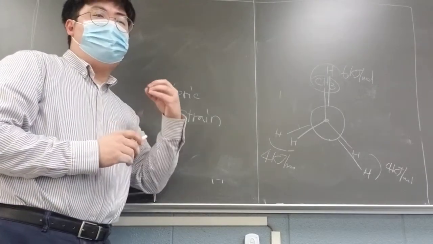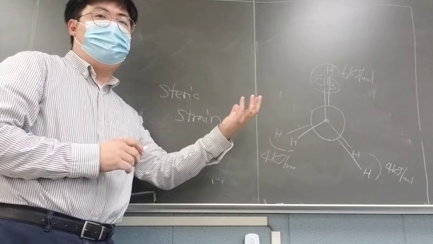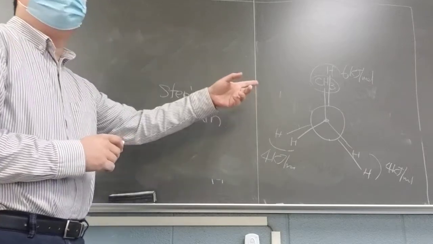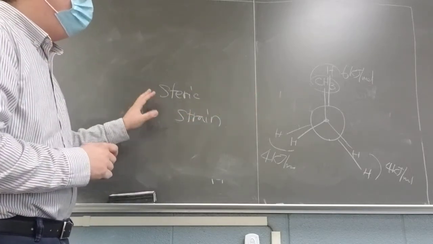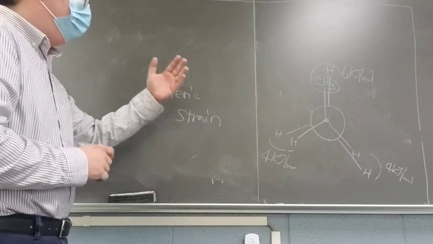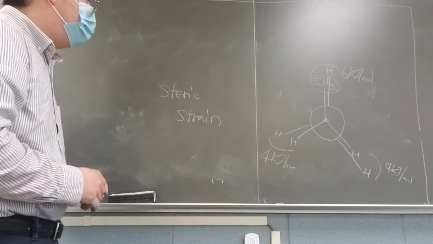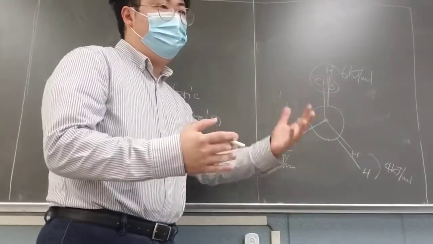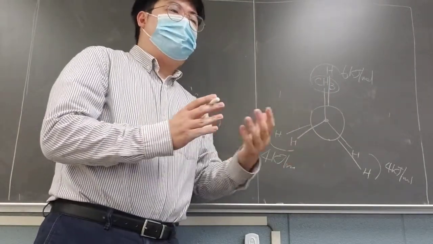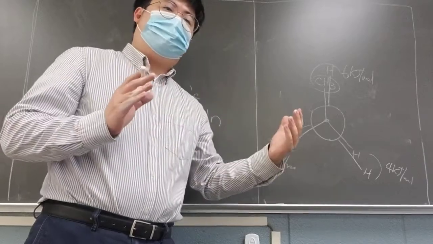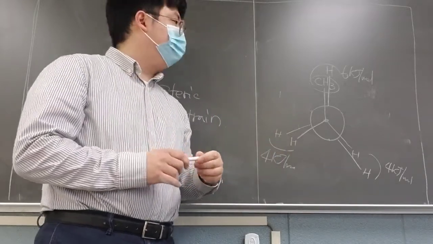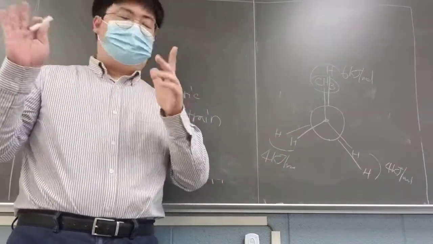So this is why it's even more discomforting for those two. On top of the torsional strain, they're also experiencing steric strain, which means if the groups are bulkier or bigger, the discomfort will be even higher. Okay. I'll stop here.